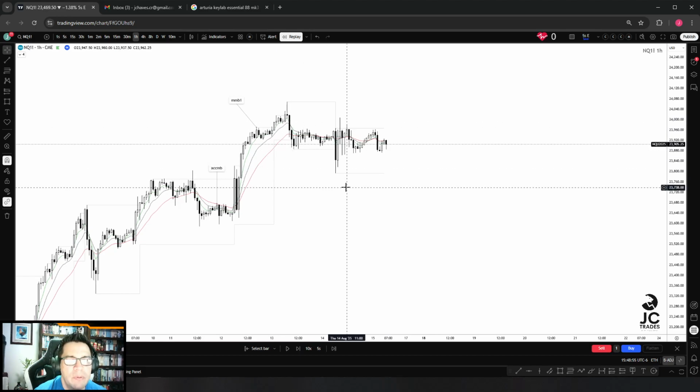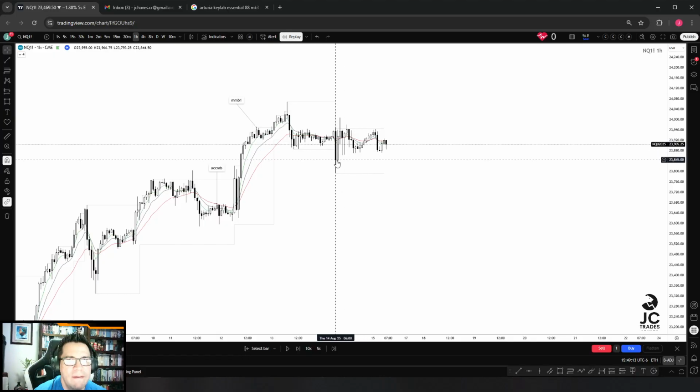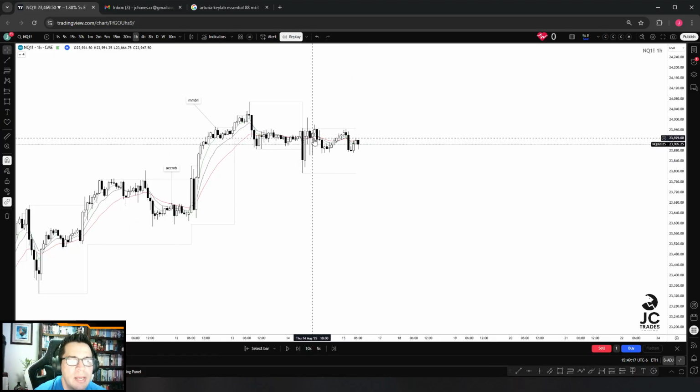So as we were approaching the new session here, basically this was on Thursday, we had price going up and down the EMAs, which at that time was going sideways.